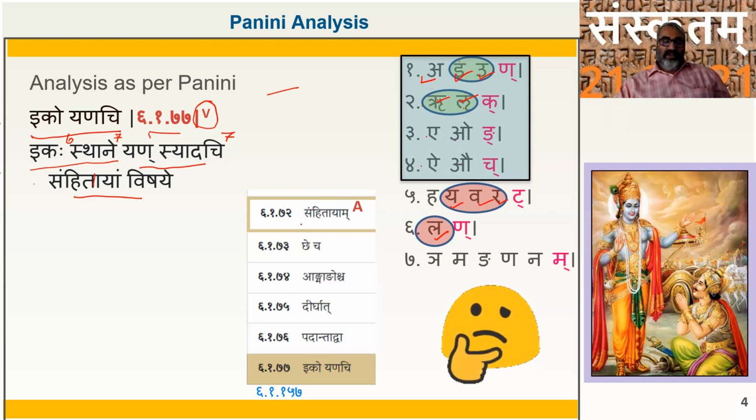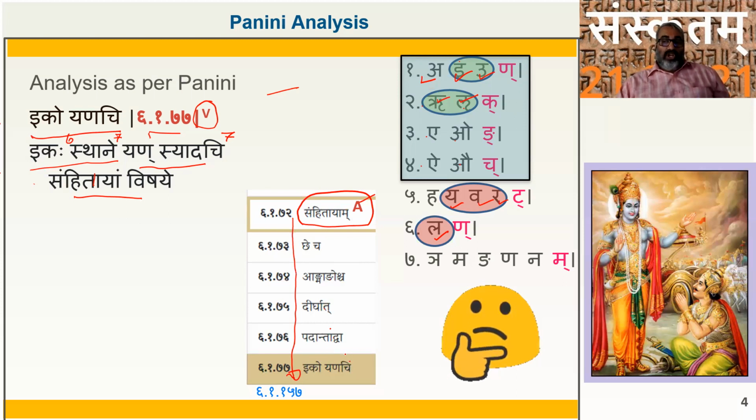As we said, there is a sutra starting from 6.172 called Samhitayam, and I have given a superscript A, which indicates it is an Adhikara Sutra. This Adhikara Sutra runs from 6.172 till 6.157. Iko Yanachi is the sixth sutra here.